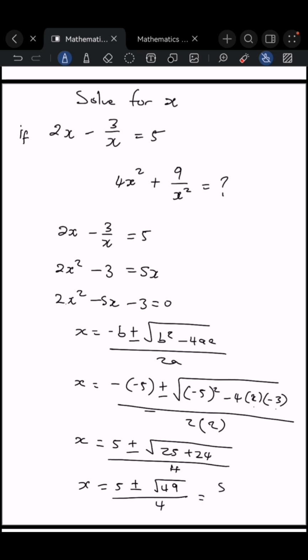Therefore, x is equal to 5 minus 7 divided by 4, which is equal to negative 2 over 4, negative half, right? x is equal to minus 1 over 2, or x is equal to this and that added, 12 divided by 4 is 3. This is the answer.